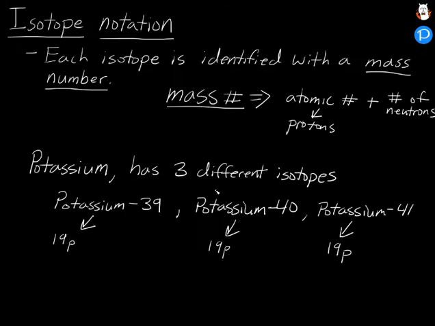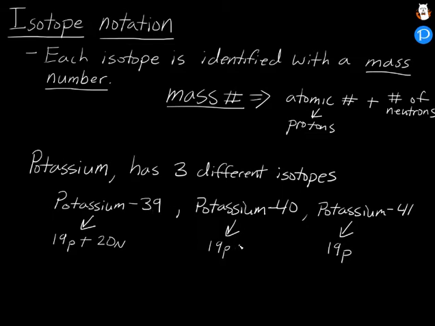But I can change the number of neutrons and still be potassium. That's what these different isotopes are. They all have different numbers of neutrons. This one has 19 protons and 20 neutrons, and 19 plus 20 gives me 39.